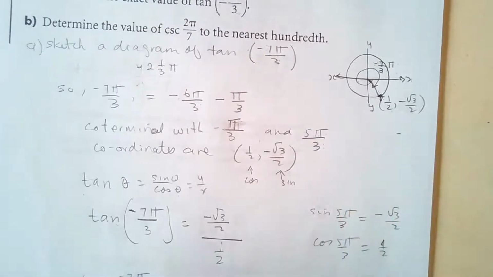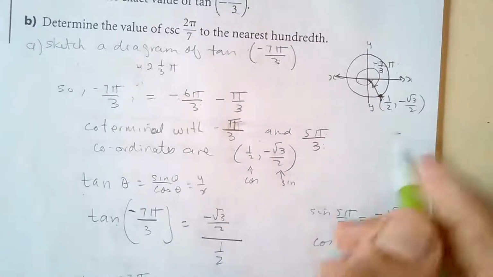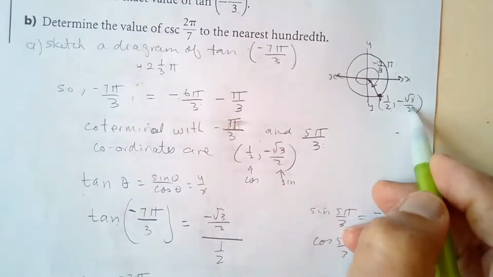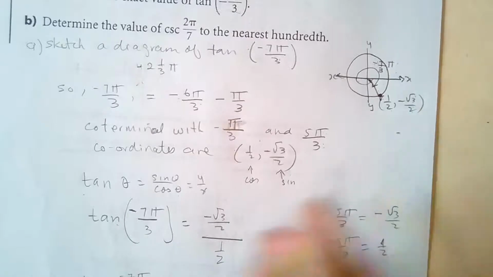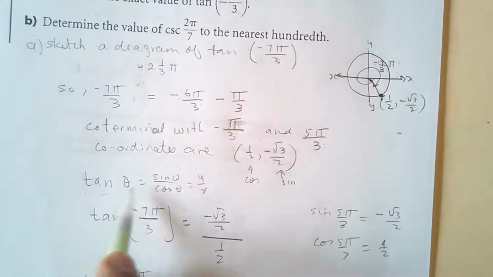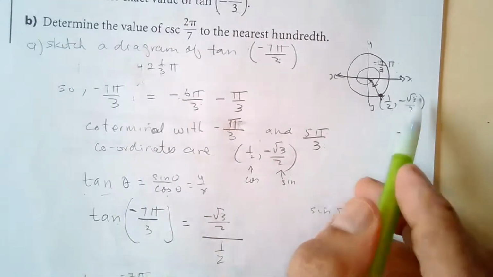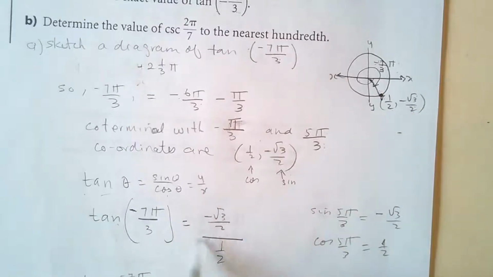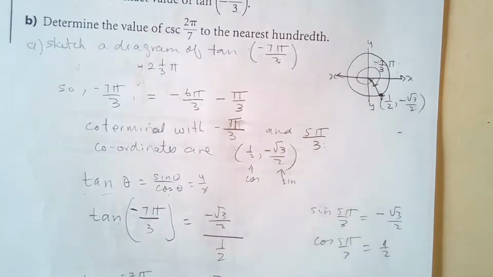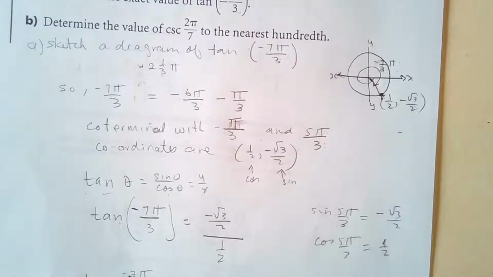You go to the unit circle and we found that for 5 pi over 3, the coordinates are 1/2 and negative √3 over 2. We know the tangent is sine over cos. We take our sine divided by the cos, and that will give us what tan is.